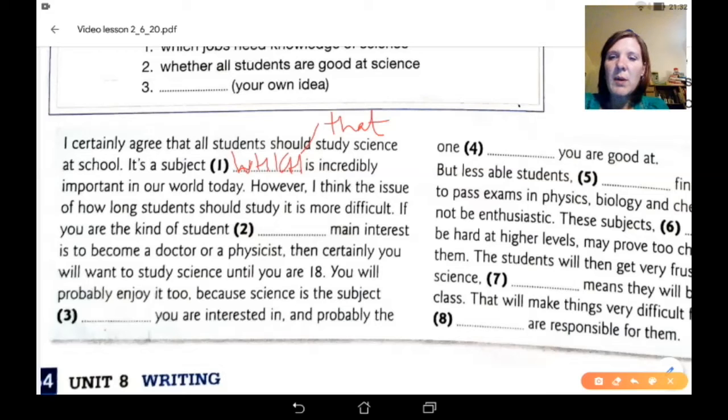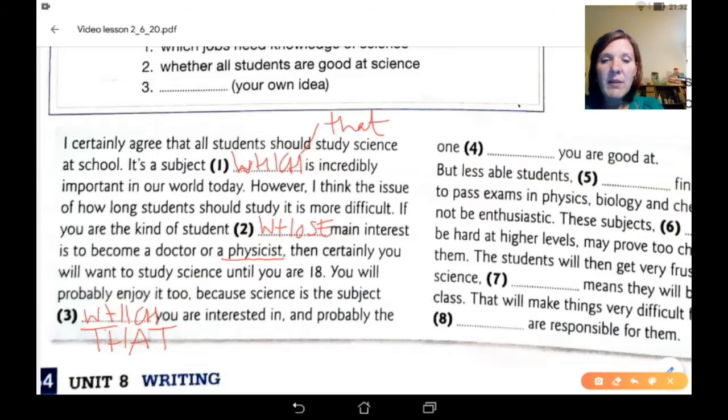Number 2, if you are the kind of student here, the only possibility you can have is whose, okay? Careful of the pronunciation here of this word, physicist, okay, a physicist. Then continuing, science is the subject, because science is the subject which you are interested in. That is also possible in this sentence, okay?